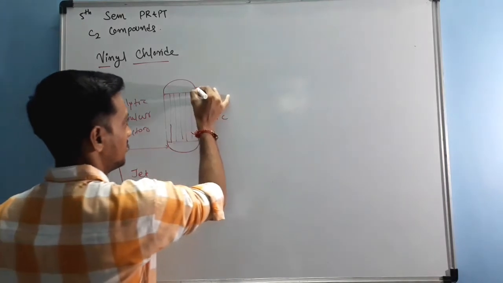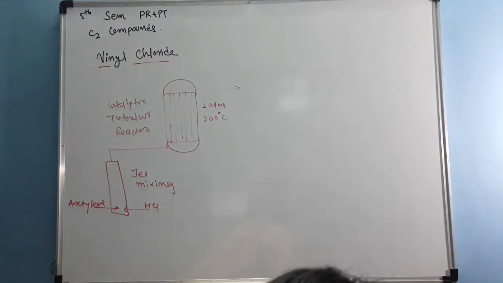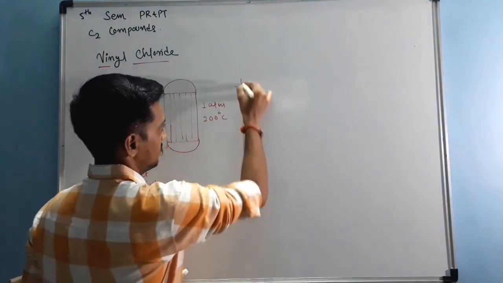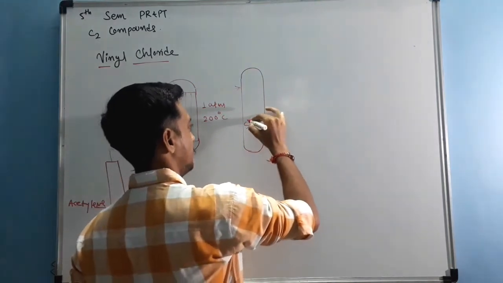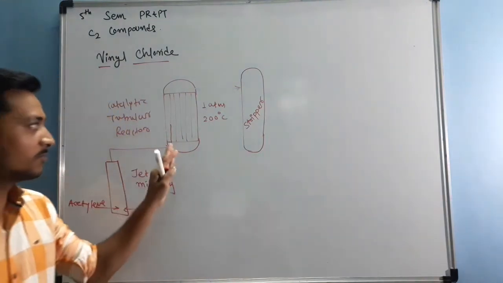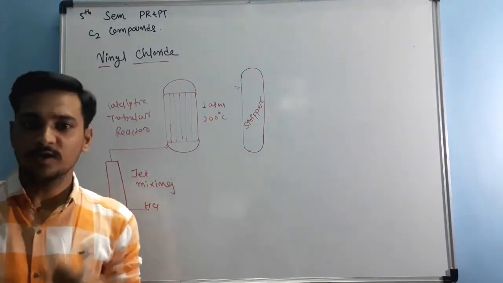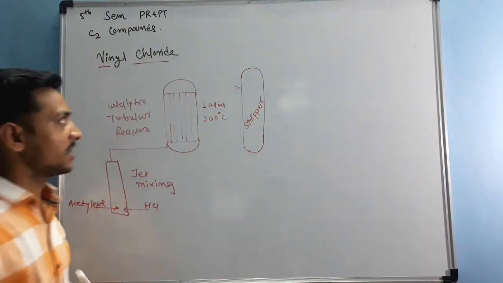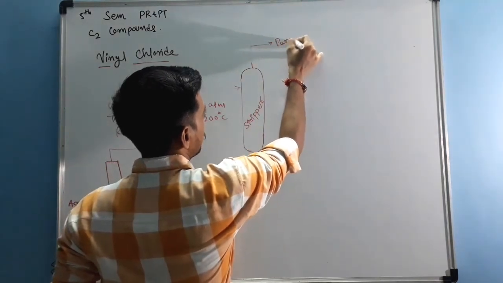Now from here it goes to the stripper. The product gases go to the stripper. From here the unconverted materials, unconverted HCl and acetylene, are recycled back, and purge gas is taken from the top.